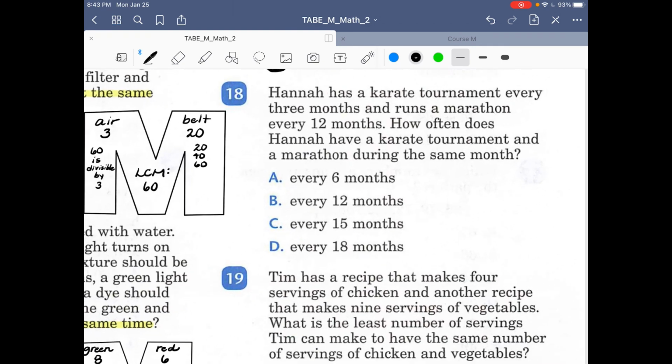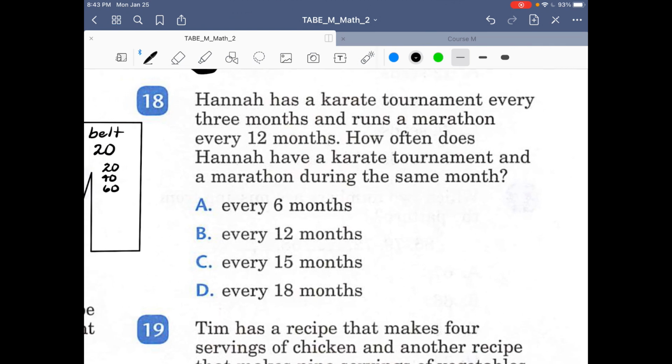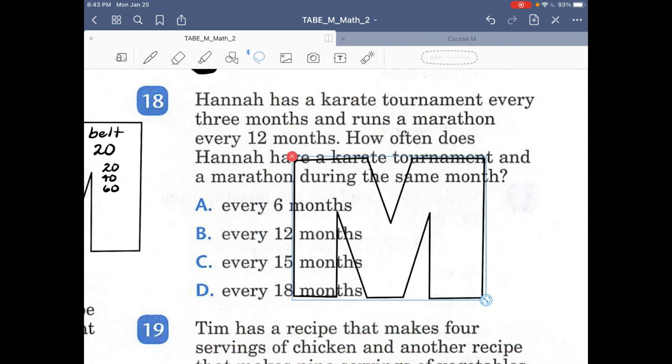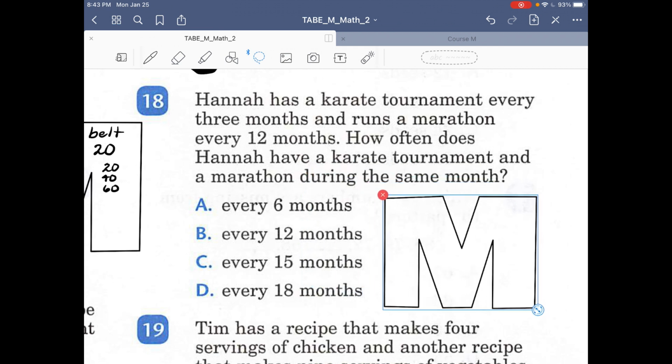Number 18. Hannah has a karate tournament every 3 months and runs a marathon every 12 months. How often does Hannah have a karate tournament and a marathon during the same month?